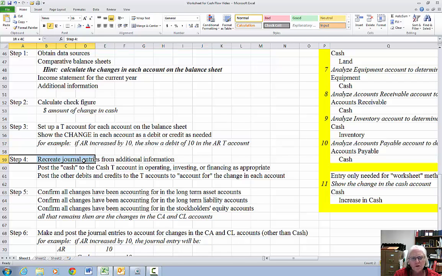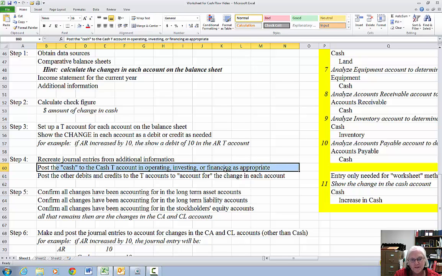Okay, step 4, we're going to recreate journal entries from our additional information and from information on our income statement. So I'm going to post the cash that happened in the journal entry. So, okay, let's go back to this for a second.